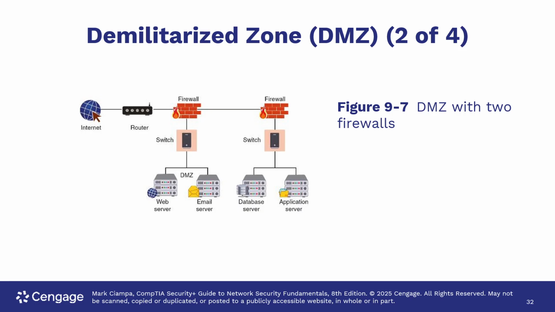Just as a side note from a security point of view, why would you want to separate the web server and the email server from the database server and the application server? Why do you think that might be necessary?